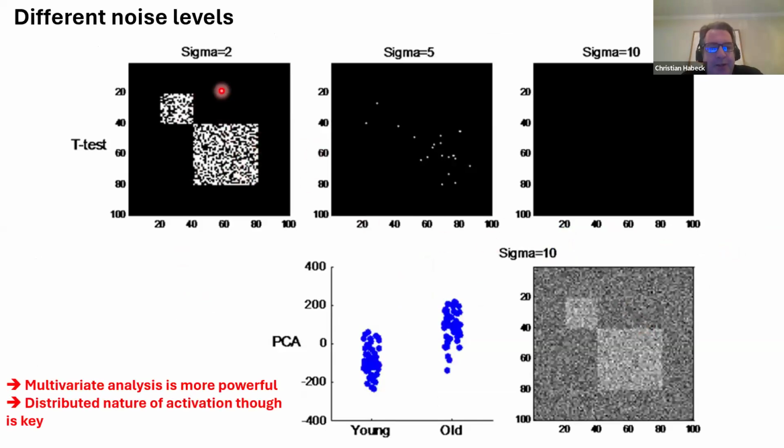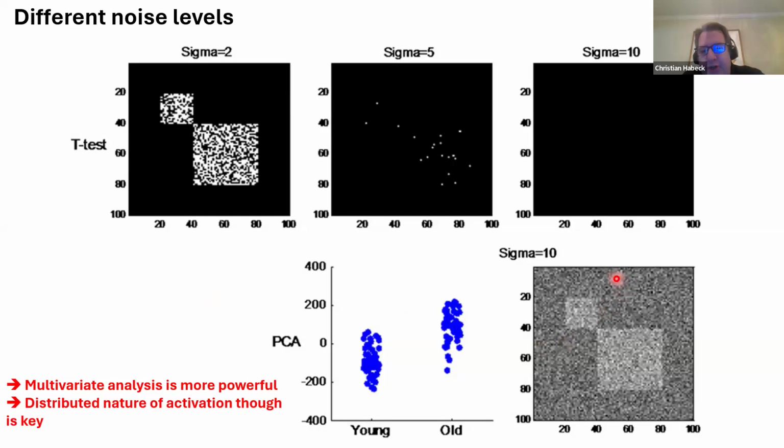But you can see what happens if we do a univariate t-test without family-wise error correction here. Once you crank up the noise, at some point you will lose any kind of difference, so there's nothing there that you can find anymore as a difference of young and old.